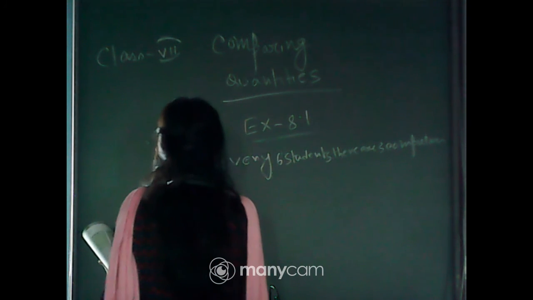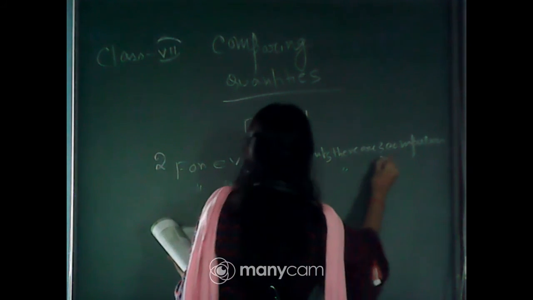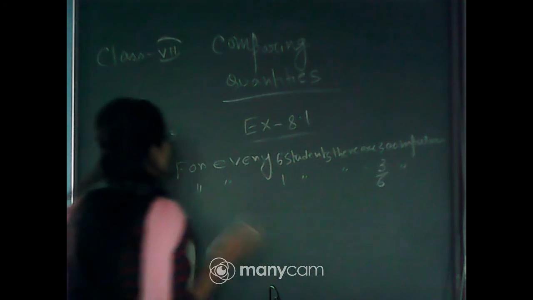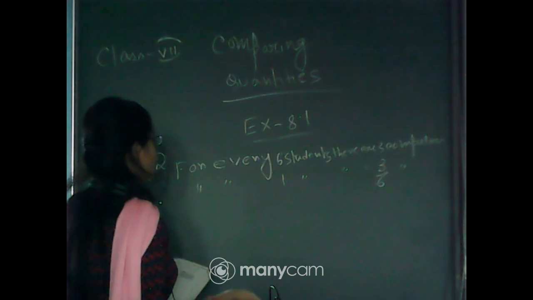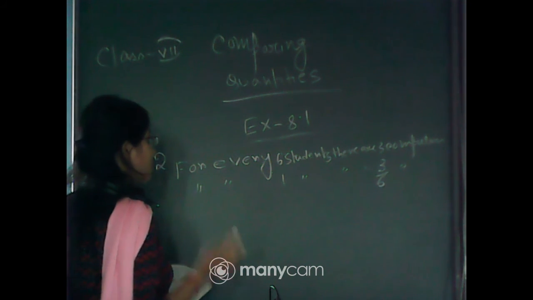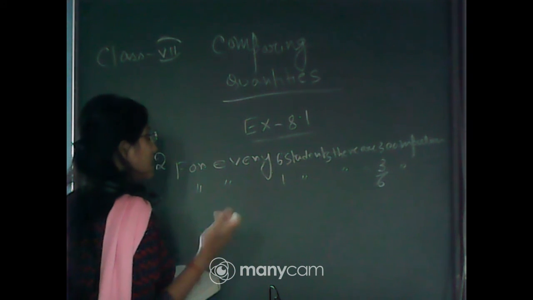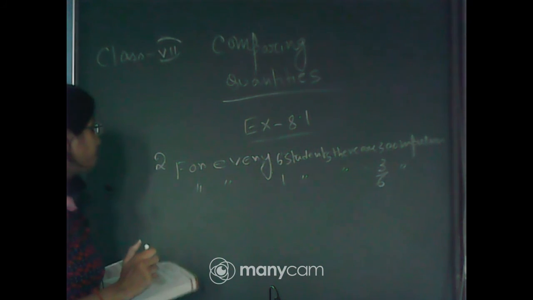Therefore, for every 1 student, there are 3 divided by 6 computer. If for 6 students, there are 3 computers, obviously for 1 student, the computer is less than the computer of 6 students.